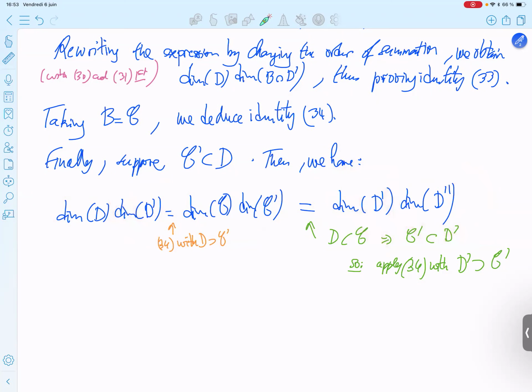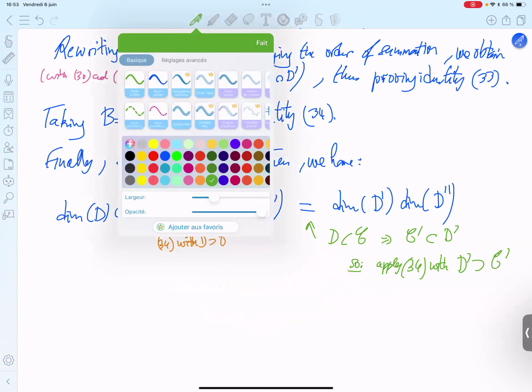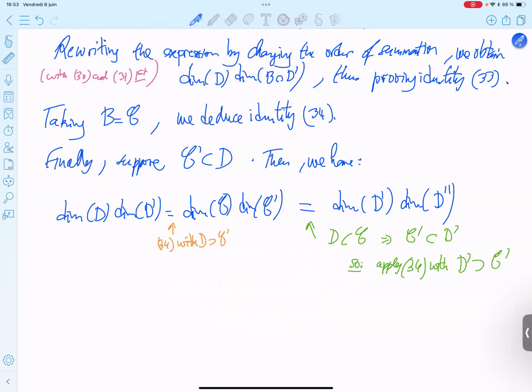But we know that D is included in the double centralizer. Since they are of same dimension, that should be the same. So this is the proof, which implies dimension of D equal dimension of D double centralizer.